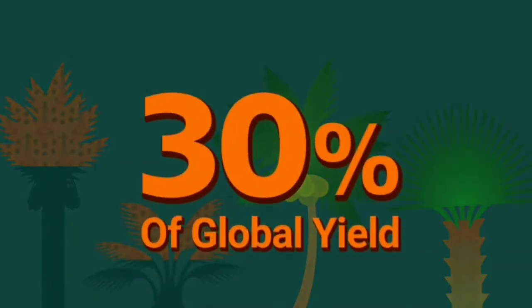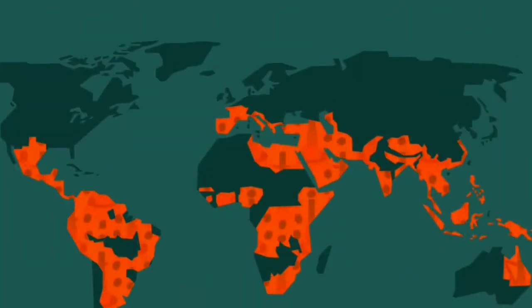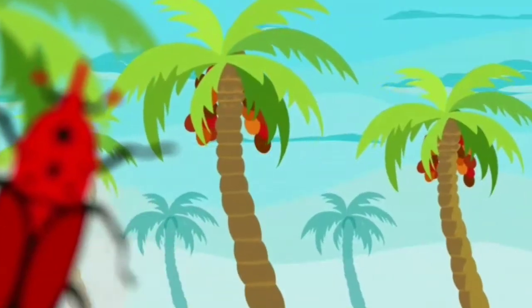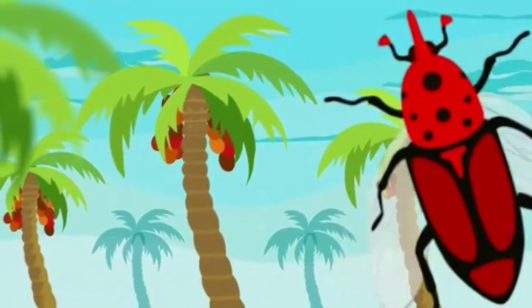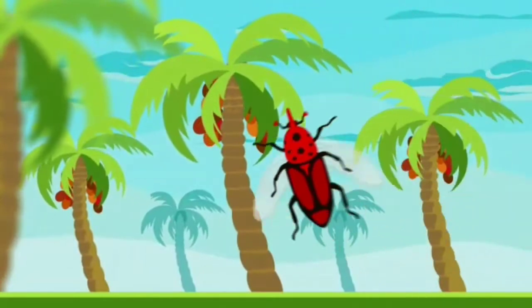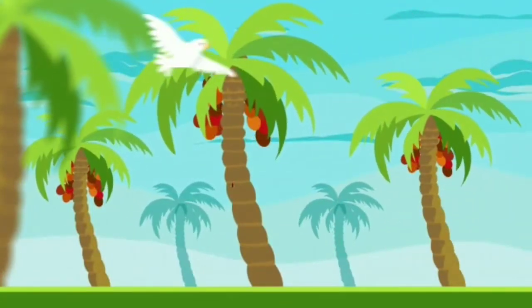The FAO estimates that 30% of palms all over the world are affected by just a small single pest, the red palm weevil. This pest flies in the field till it reaches a palm's trunk surface.